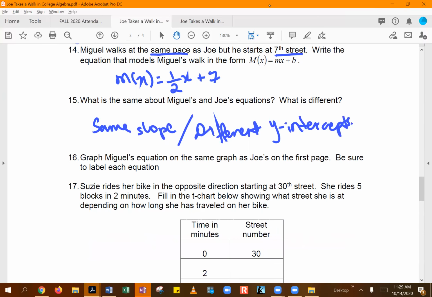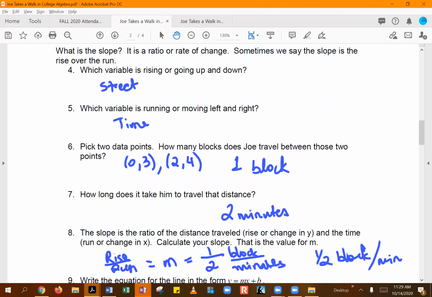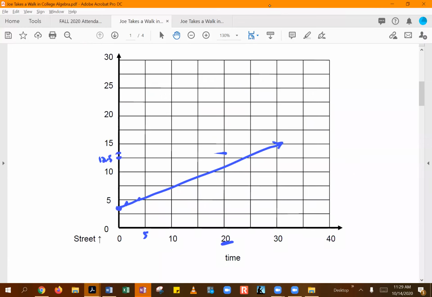I think they're actually asking us to graph Miguel with Joe. I will make an attempt, but obviously you can see my graphs are not coming out to be accurate because this would be the starting point at 7 and keeping that same slope. But again, I know my slope was incorrect. It's probably not going to work.